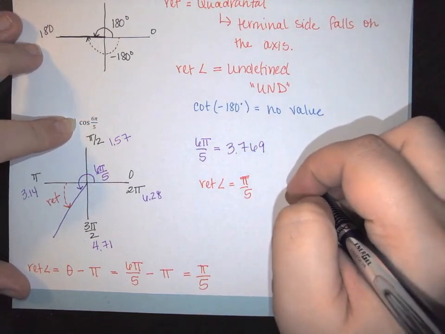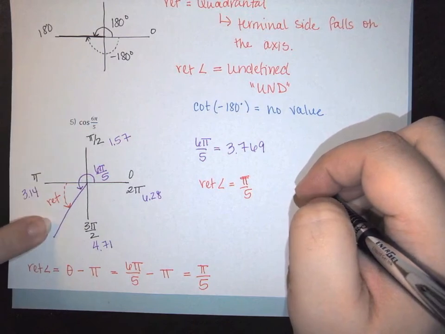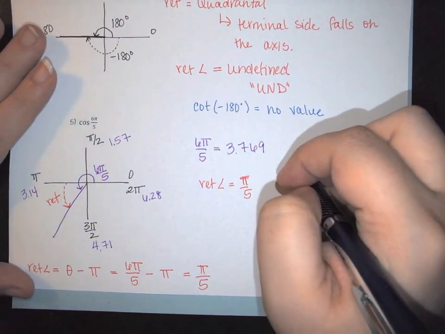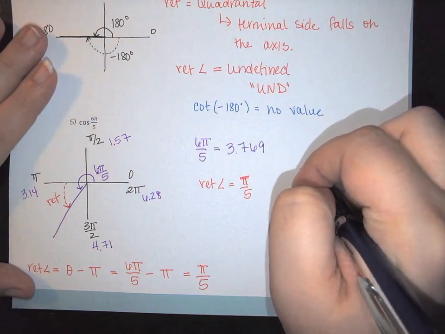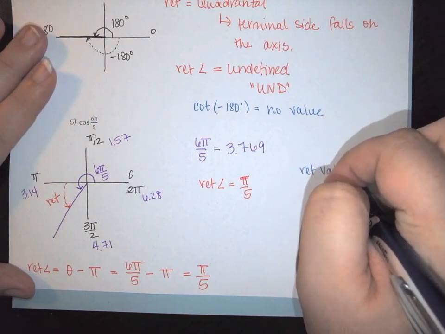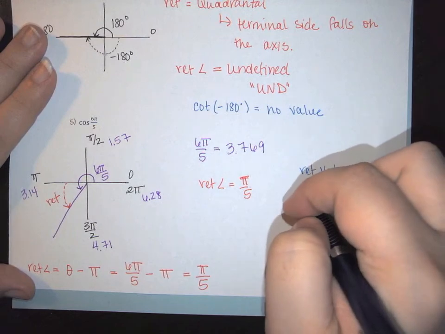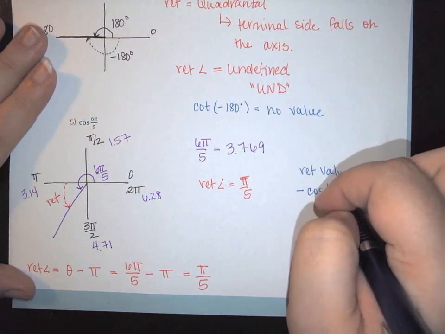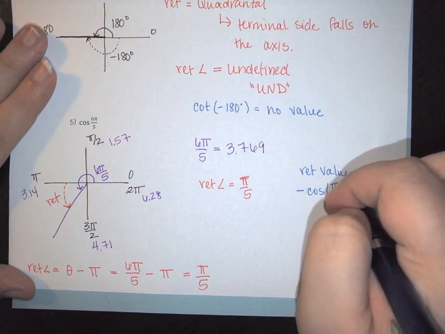So in this case, because I'm in the third quadrant, it means my cosine is negative. So in order to find my reference value, I have to look at negative cosine of my reference angle pi over 5.